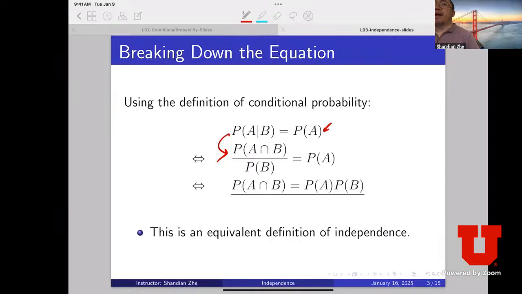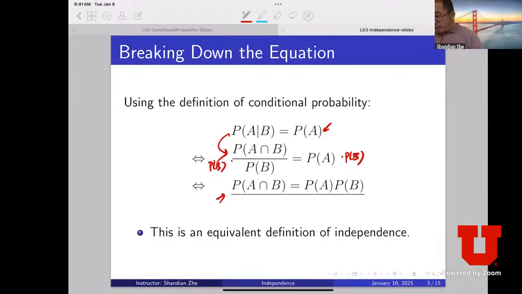Now, if you multiply P of B on both sides, what we can observe is the underlying formula: the probability of A intersection with B is the probability of A times the probability of B. We say this is another definition of independence.